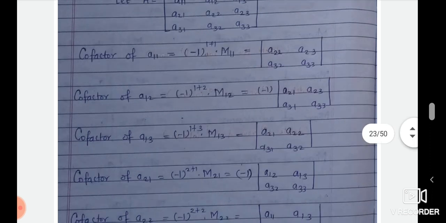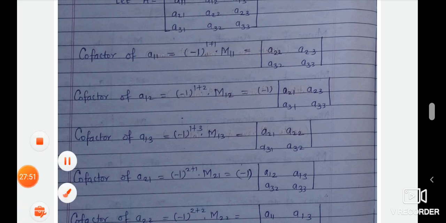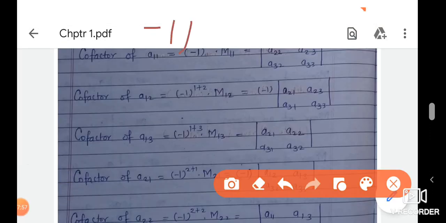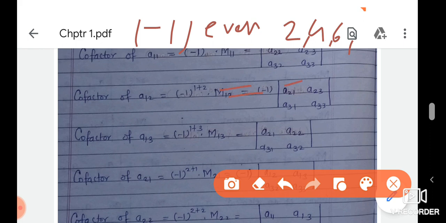See, check the cofactor for A13. It is minus 1 is to 1 plus 3. 1 plus 3 is what? 4. See, always keep in mind, minus 1 raised to an even number, if you are having an even number, means what? 2, 4, 6 and so on. Okay, if you are having an even number, minus 1 to that power will be plus only.